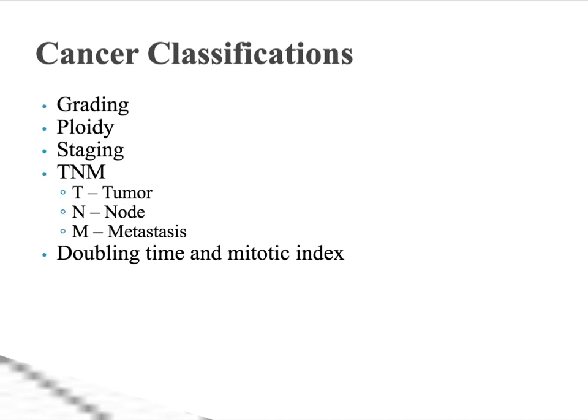Grade 2 tells you the cells are somewhat abnormal, but we can still tell where they came from. Review this so you can have a conversation with somebody about what these tables mean and why cancers are staged and graded. A lot of that helps the doctors and providers determine the treatment. The degree of metastasis and the degree of change in the cell determine the type of treatment, and that's why they use it.